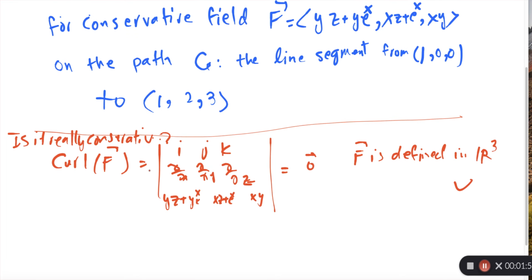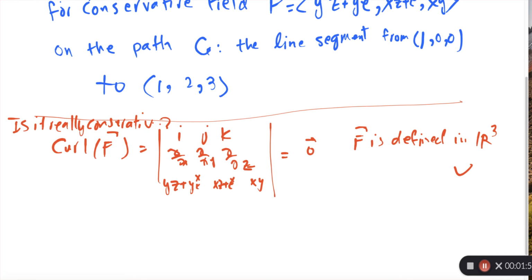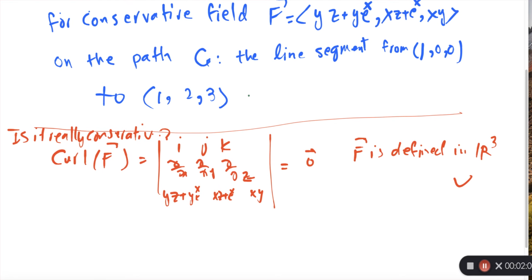So that's the first question. The second question is, okay, so now that I know it's conservative, what is important with conservative fields? They have a scalar potential. So let's try to find that next.